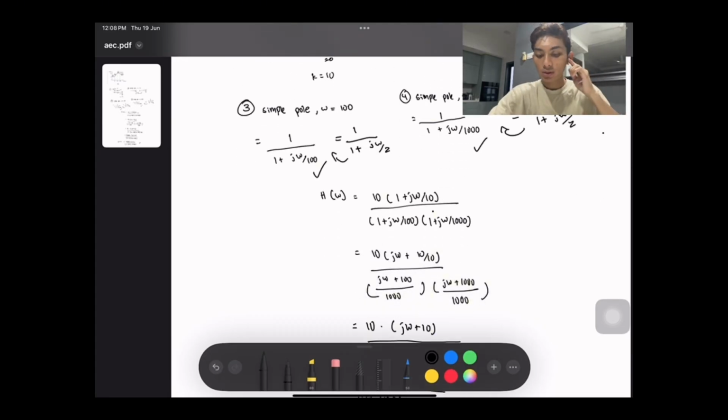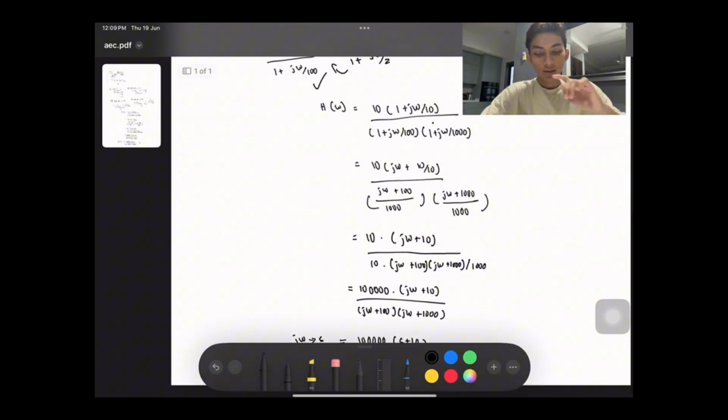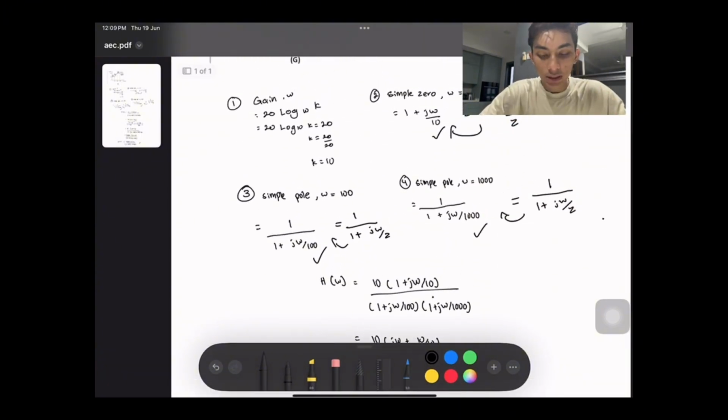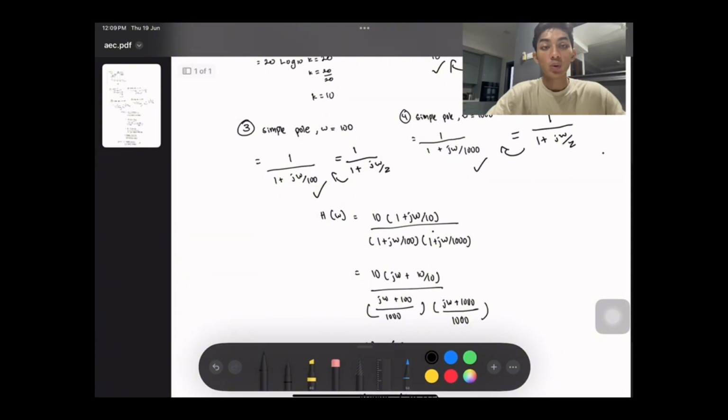Okay, right now we have to find the H omega. So add all of the formulas into one formula. So it will be 10 in bracket 1 plus j omega divided by 10, over in bracket 1 plus j omega divided by 100 and in bracket 1 plus j omega divided by 1000.